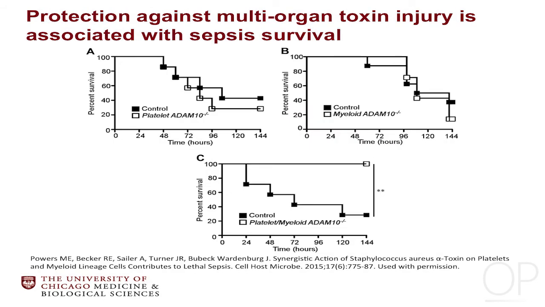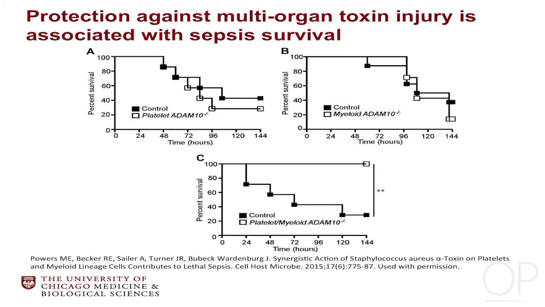So this leads us to ask the question, does this protection that we can observe on the tissue level actually correlate with survival in sepsis? We were interested to observe that when we infect animals with live staphylococci and look at survival, single knockout animals that lack ADAM10 expression in either the platelet or the neutrophil or myeloid lineages, as shown in the top 2 panels, do not have a discernible difference in survival compared to wild-type animals.